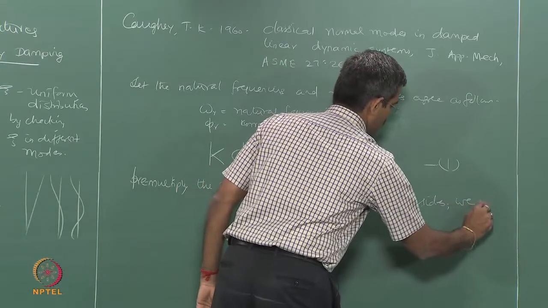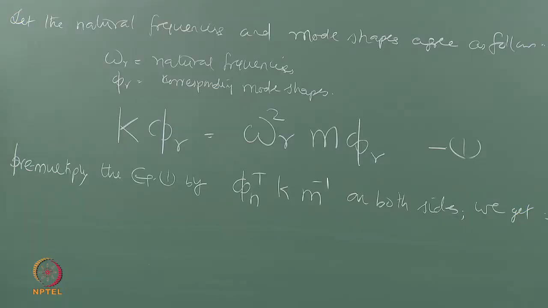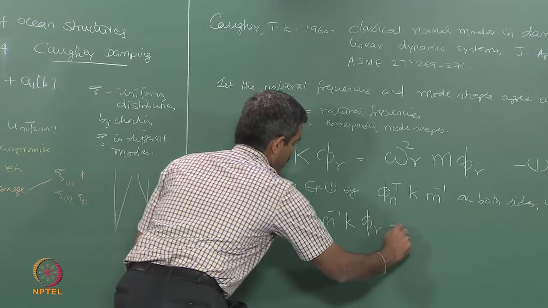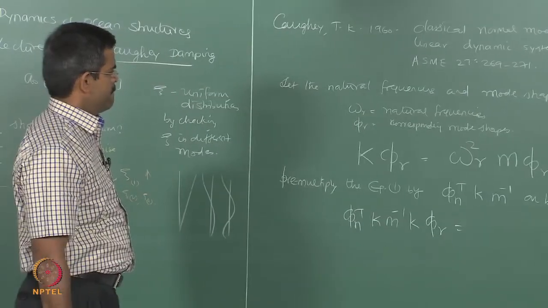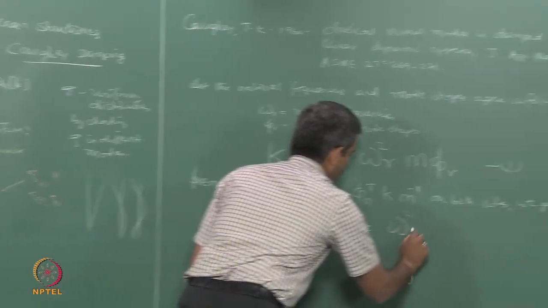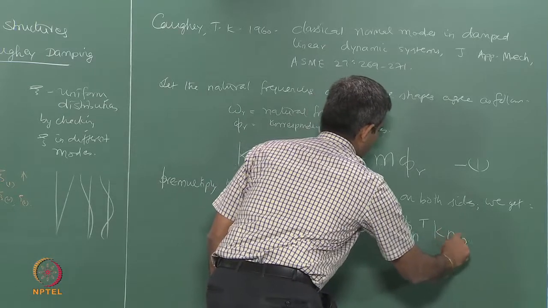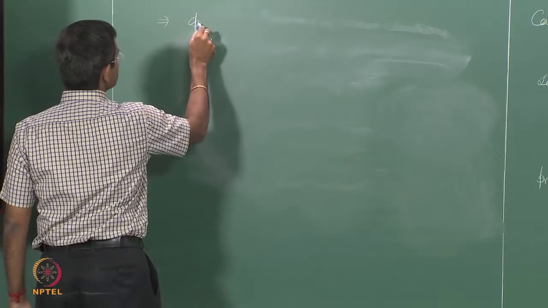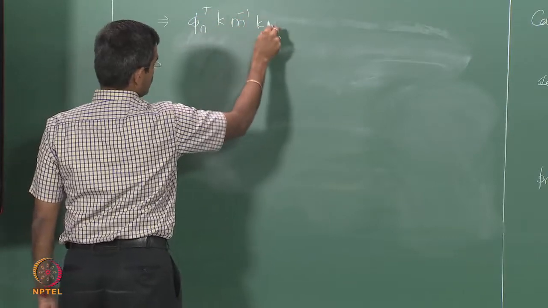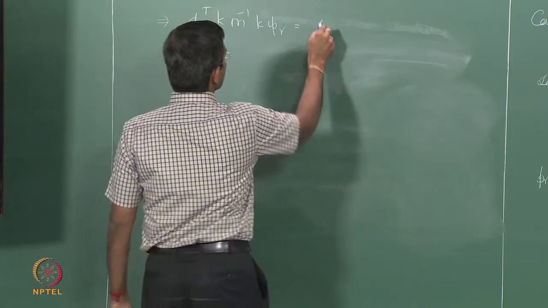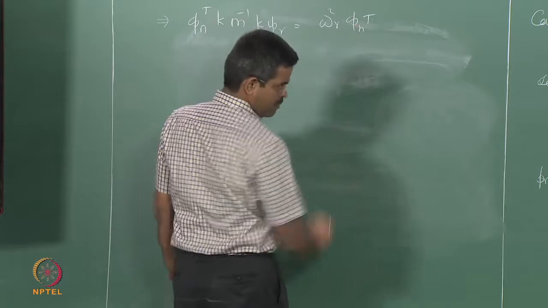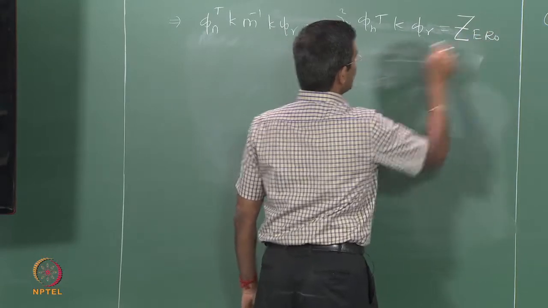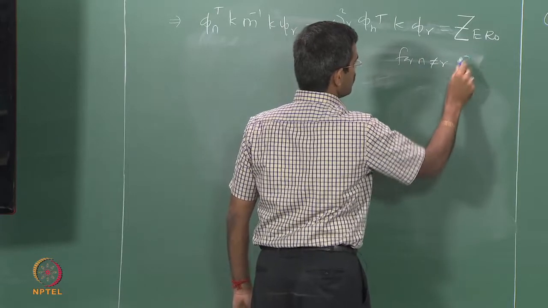So, we get phi n transpose k m inverse k phi r equals omega r square phi n transpose k m inverse m phi r, and this m m inverse is identity, which can be set to 0 for n not equal to r, by orthogonality.